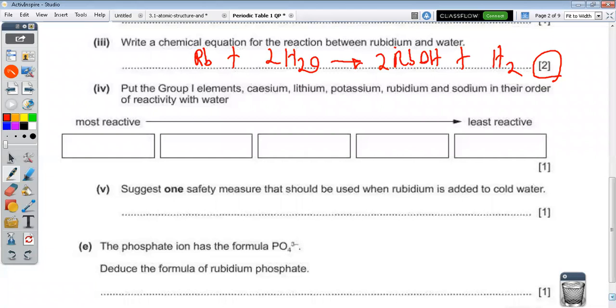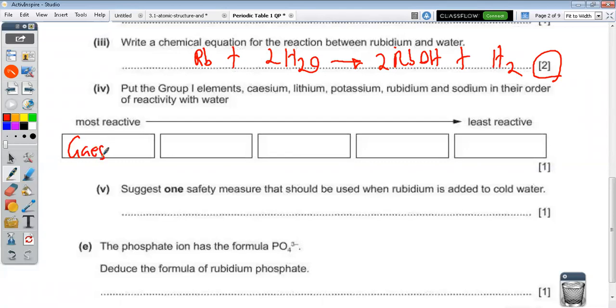Put group 1 elements in order of reactivity. Can you give me the most reactive? Tell me the most reactive there, then we write it down here. Reactivity increases as you go down the group.